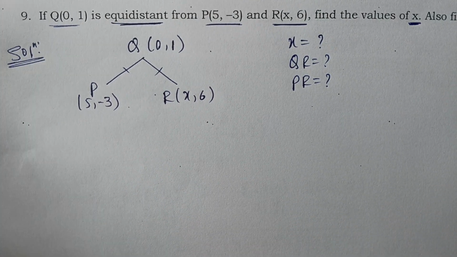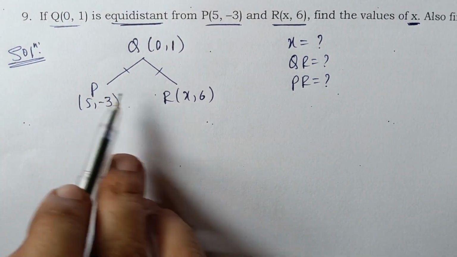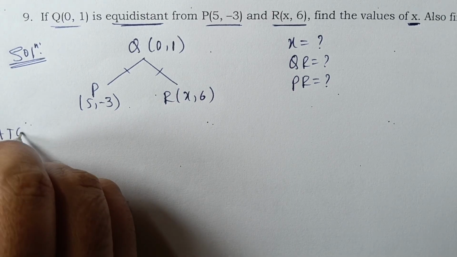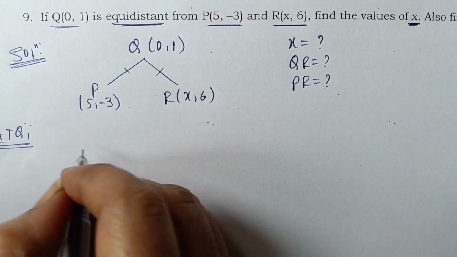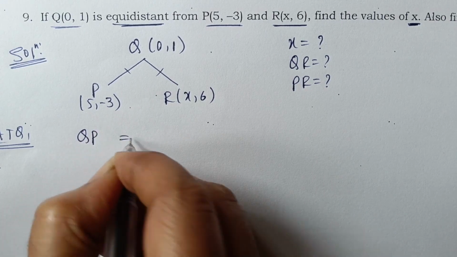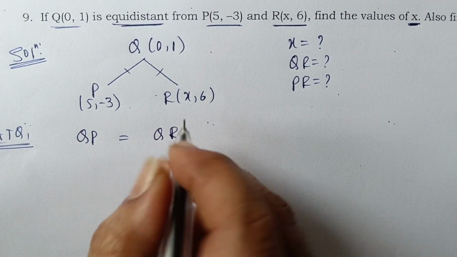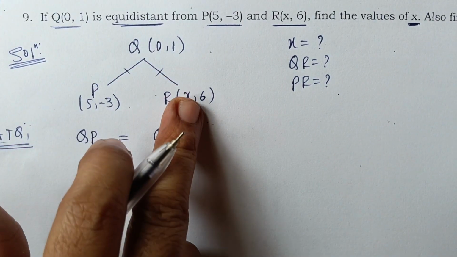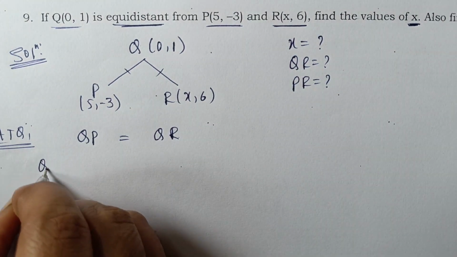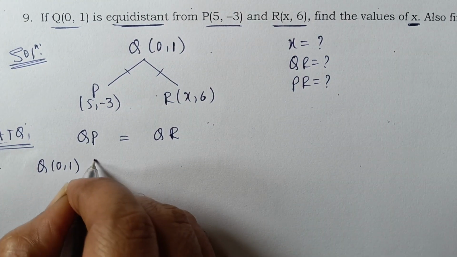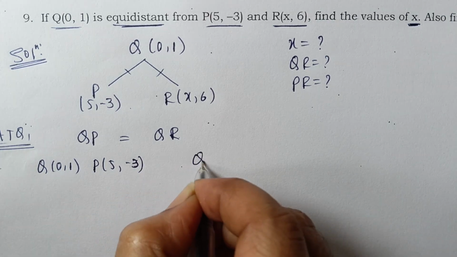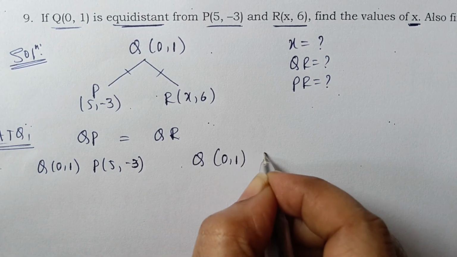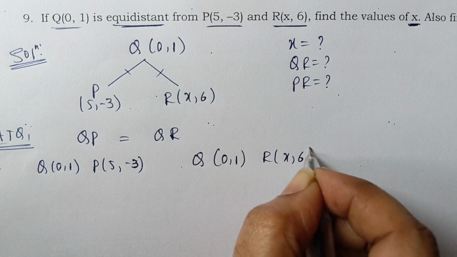So Q is equidistant from these two, so according to the question QP is equal to QR, because QP length is equal to QR length. Then Q is 0,1 and P is 5, minus 3, and Q is 0,1 and R is x, 6.